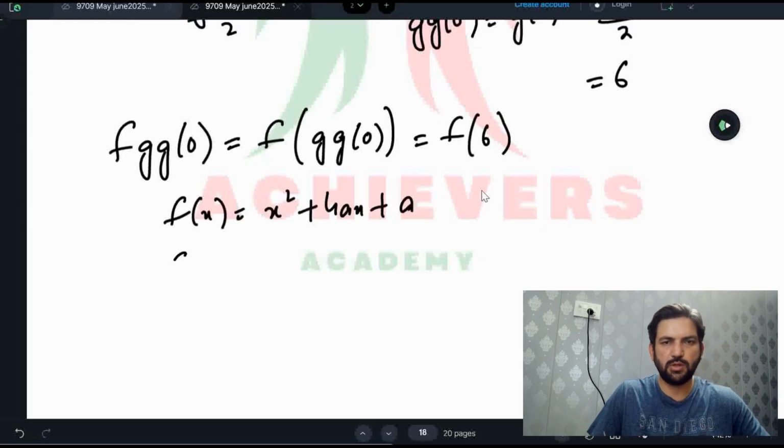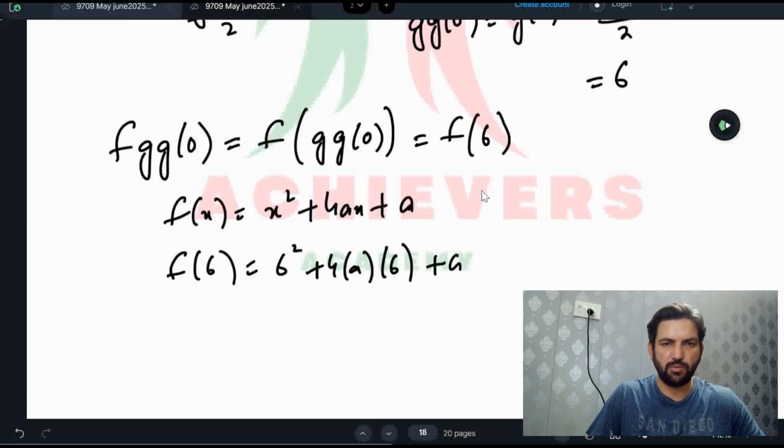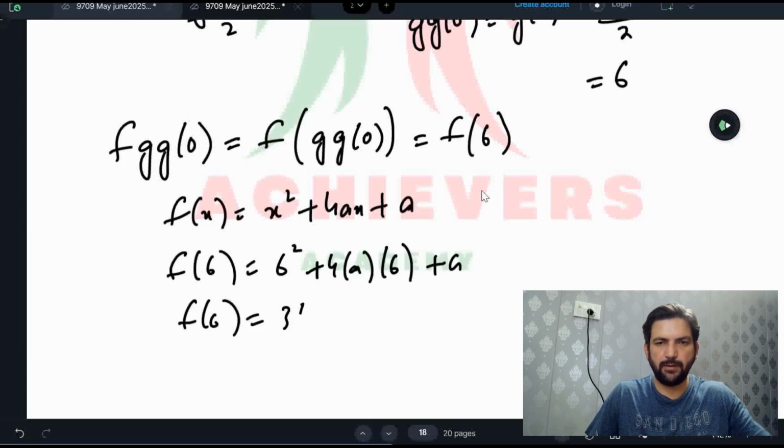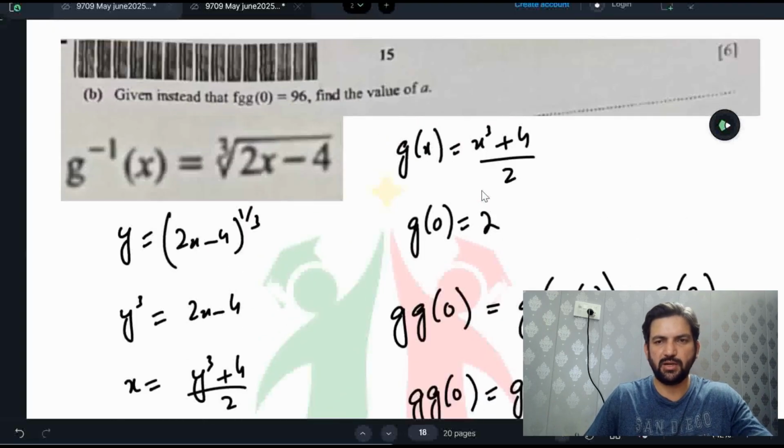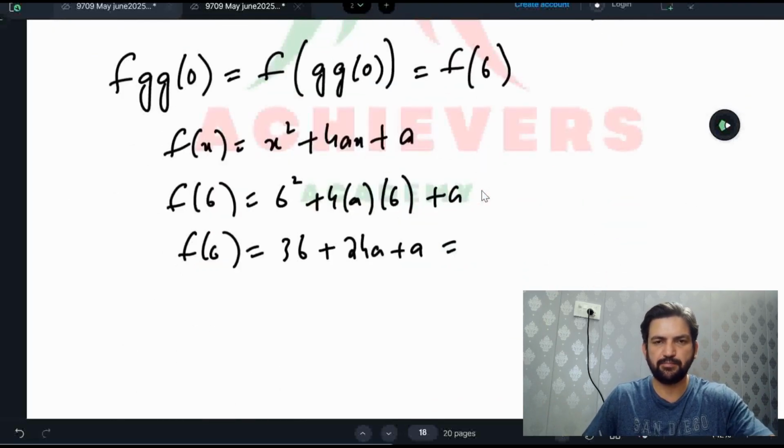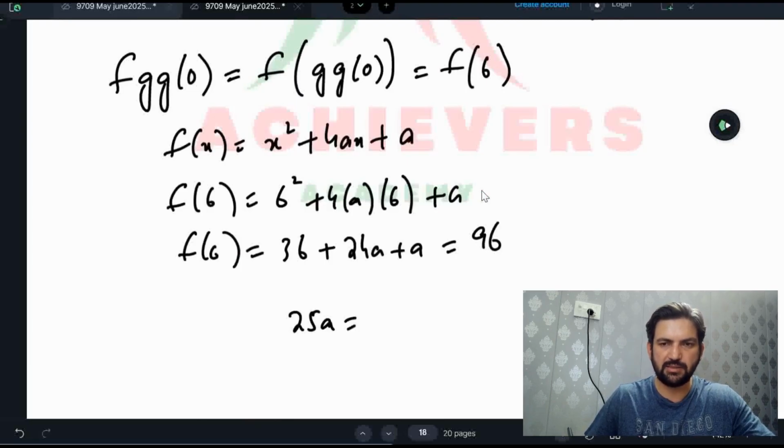So f of 6 will be equal to 6 square plus 4 into 6 plus a. So f of 6 will be equal to 36 plus 24a plus a, and we know that this whole thing is equal to 96. So this will be 25a is equal to 96 minus 36.